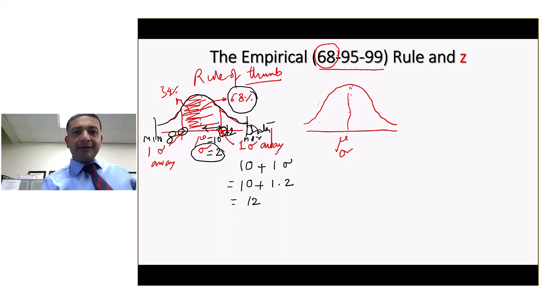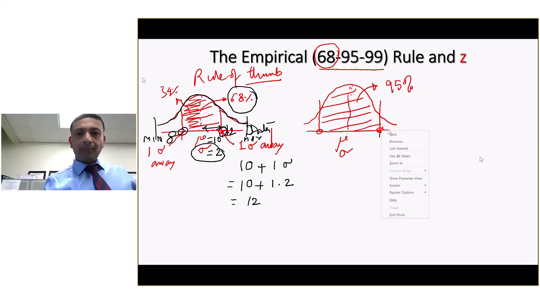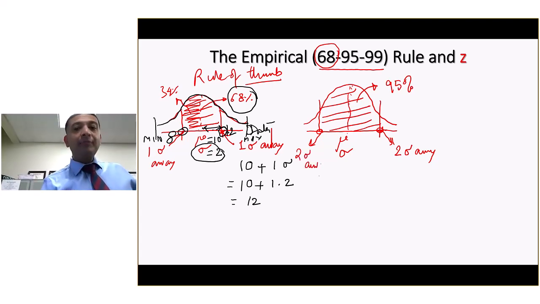If I take 95% of that data centrally cut, then when I'm looking at these two edges or cut points, this one is 2 sigma away, and this one is also 2 sigma away from the mean.